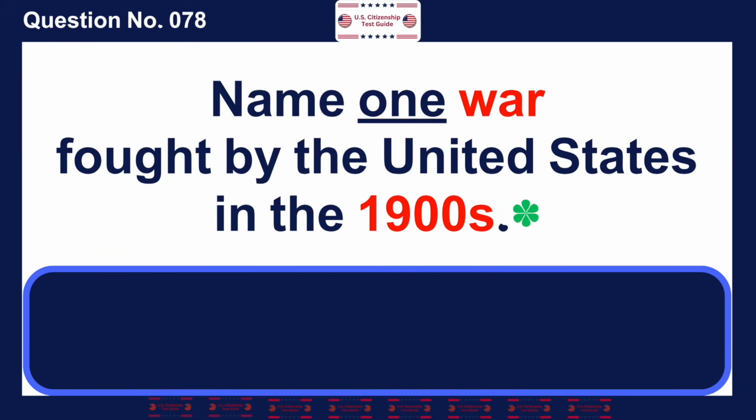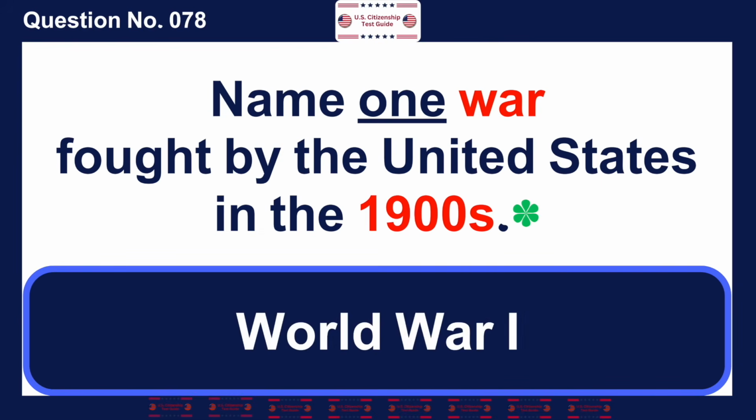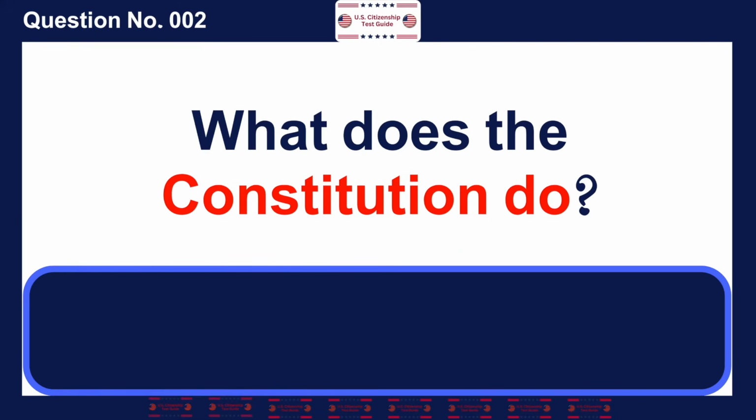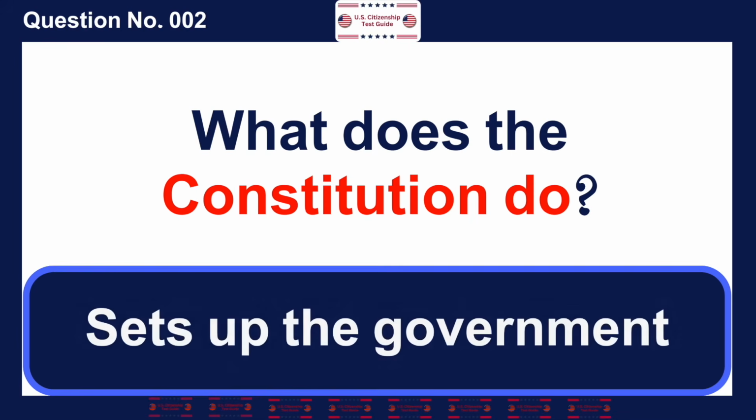Name one war fought by the United States in the 1900s. World War I. What does the Constitution do? Sets up the government.